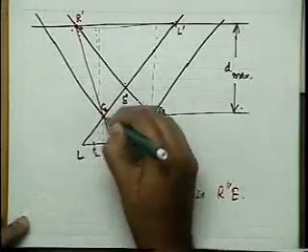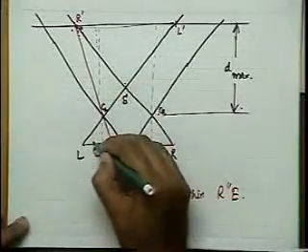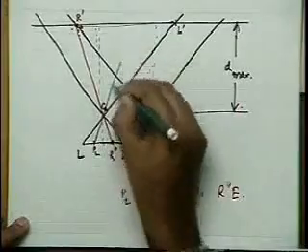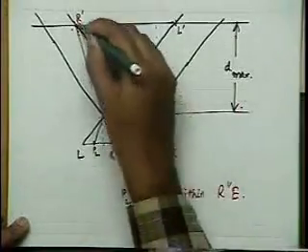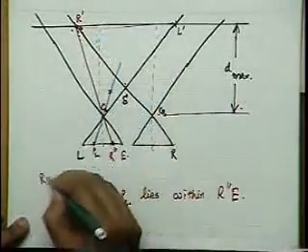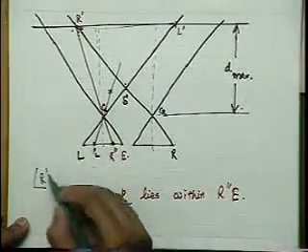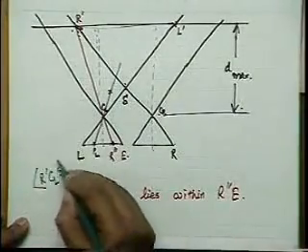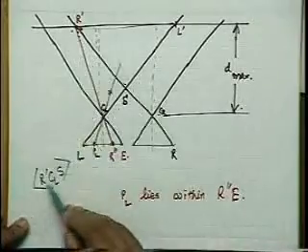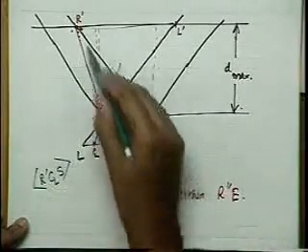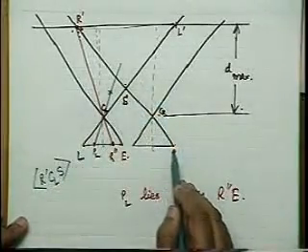Because the point P, supposing this is PL, can lie in this zone, that is, within R prime CL S, and if it lies within this zone R prime CL S, then it will not be visible to both the cameras.